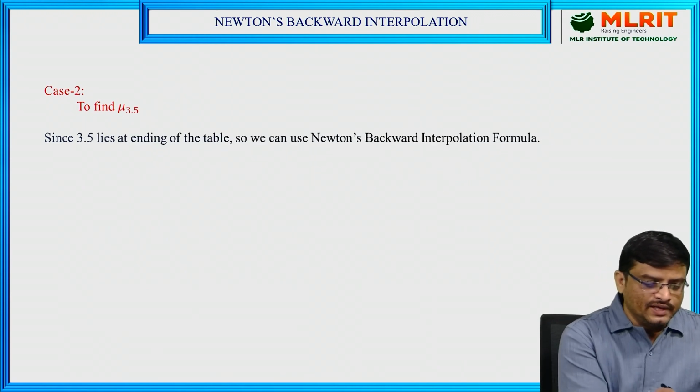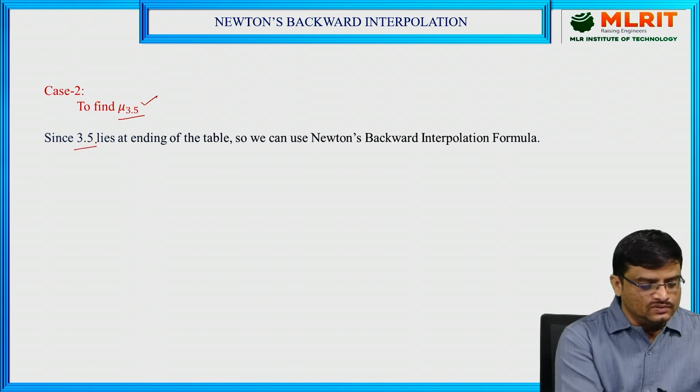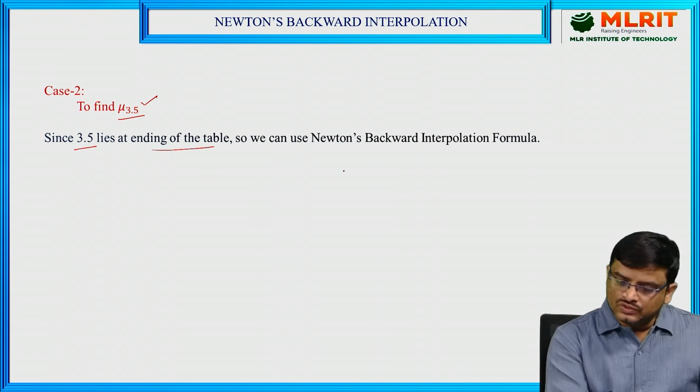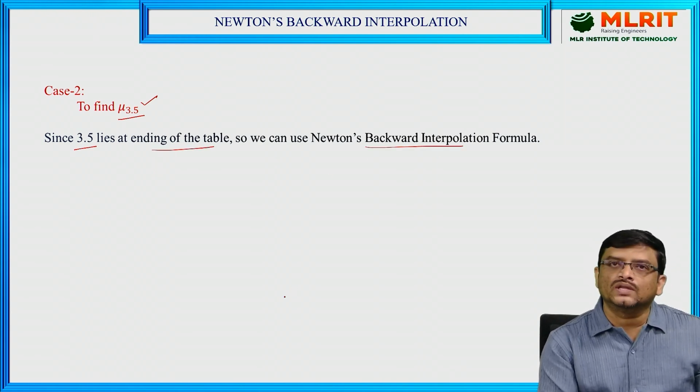Now go for the next case, that is finding the value of mu suffix 3.5. In the beginning we said that 3.5 lies at the ending of the table. So whenever the x value lies at the ending of the table, then we have to go for Newton's backward interpolation formula.